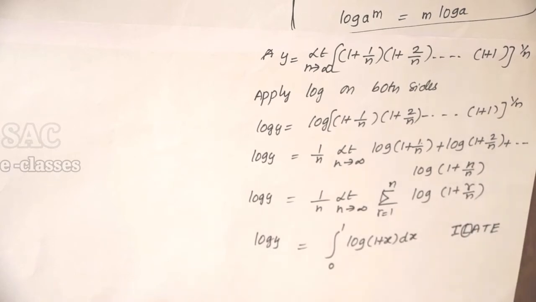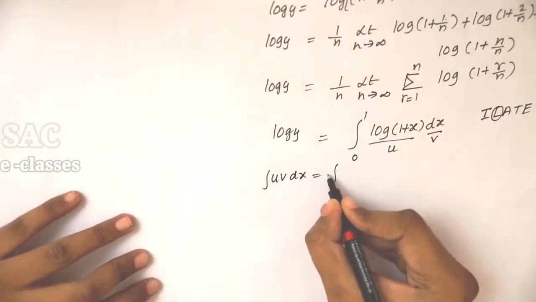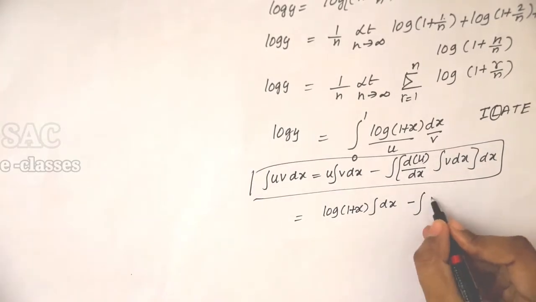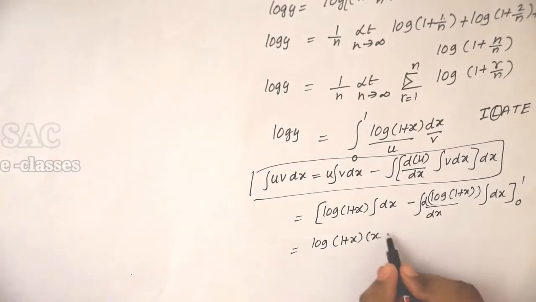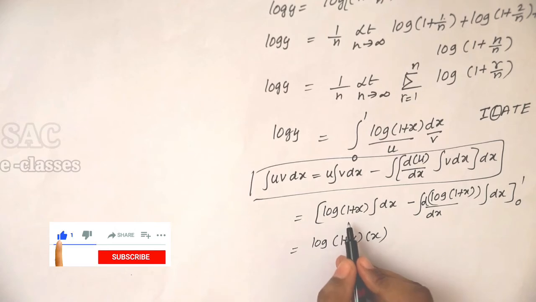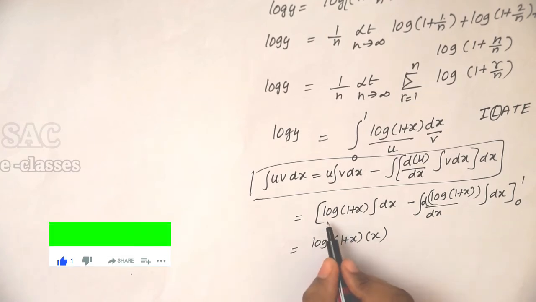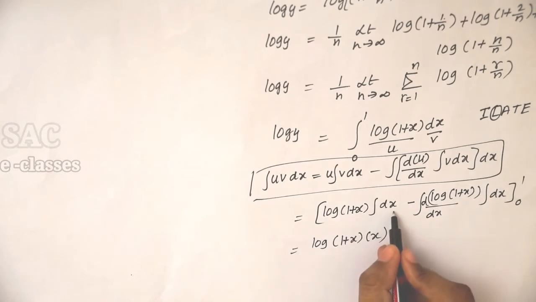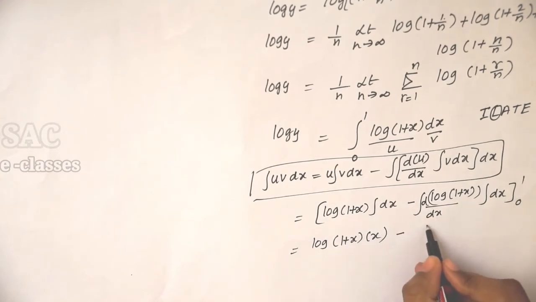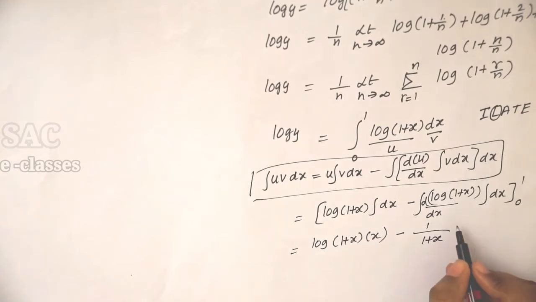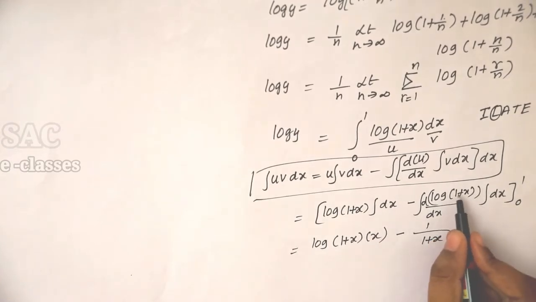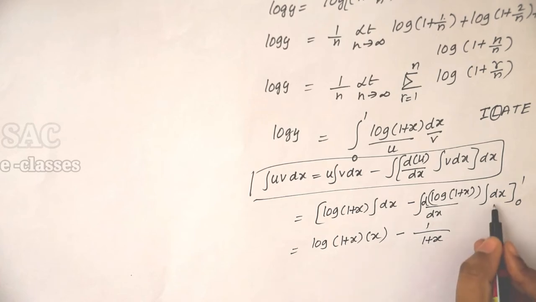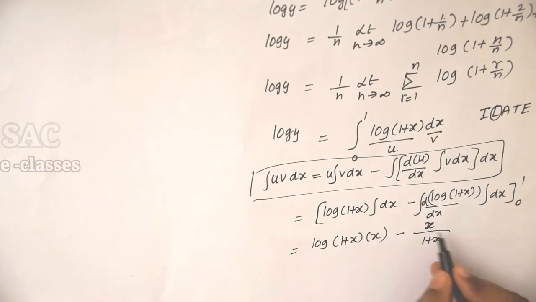Logarithm is there, so it is the first function. So you take it as u and dx is v. Let's start the integration. Now after applying the integration by parts formula, log of 1 plus x is log of 1 plus x, integration of dx is x, minus differentiation of log of 1 plus x is 1 by 1 plus x. Already x is there.